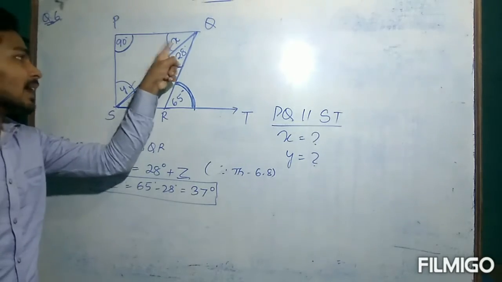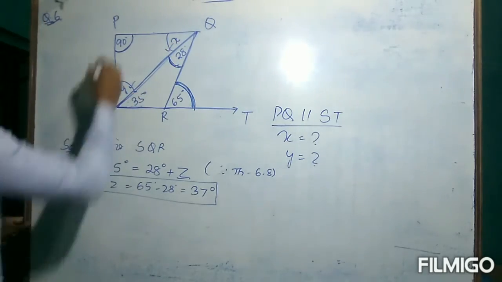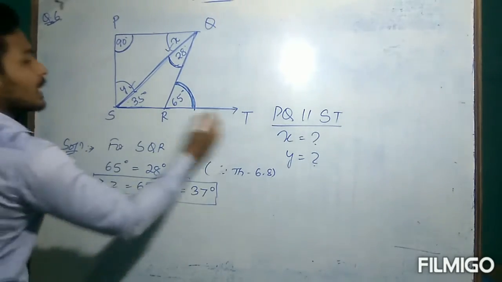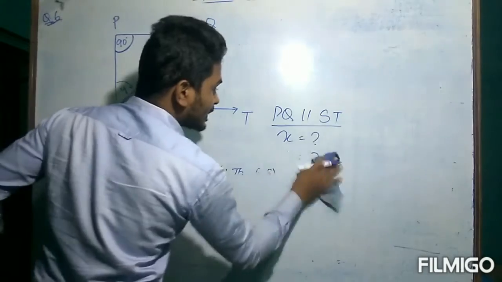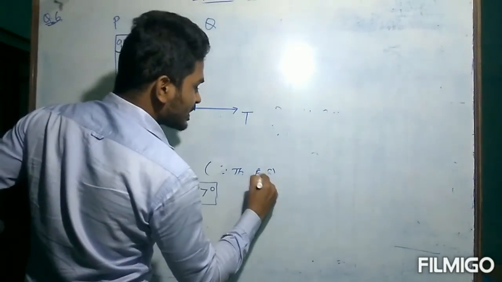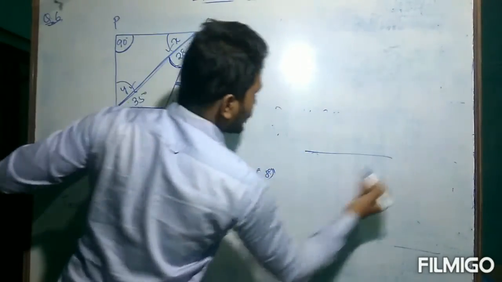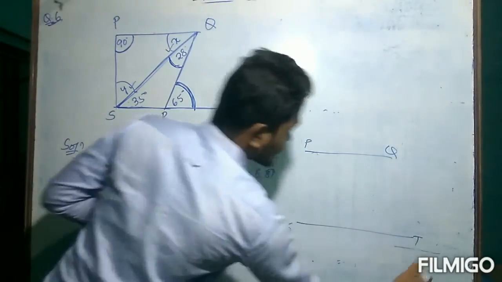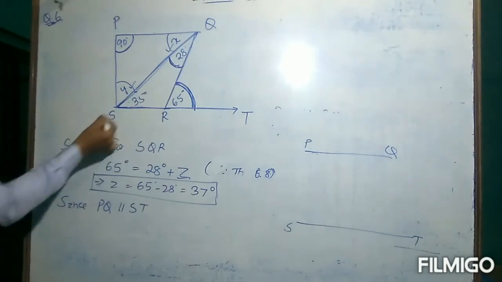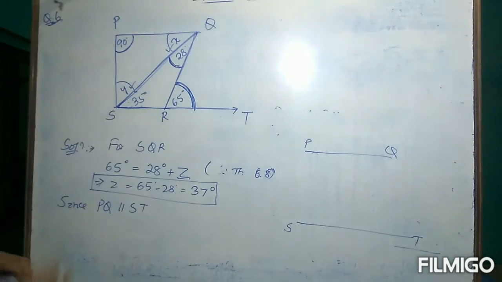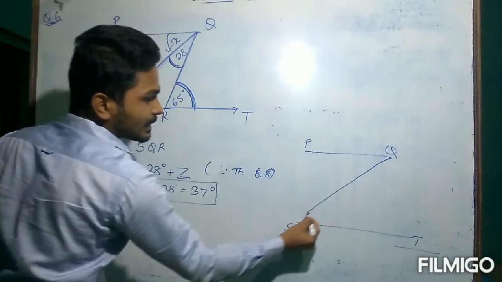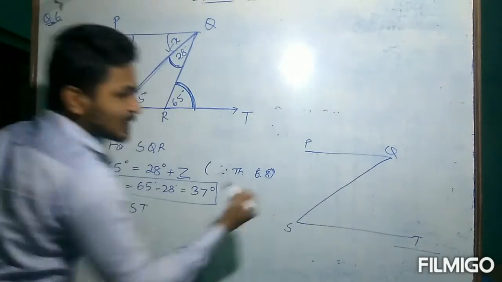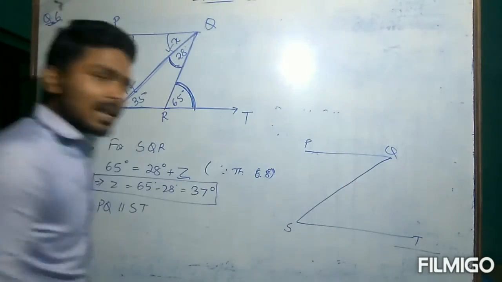But our target is to find x and y. Since it is given that PQ is parallel to ST, like this, and QS is a transversal line. Only consider QS. Forget about the other two lines. QS is a transversal line and PQ and ST are two parallel lines.